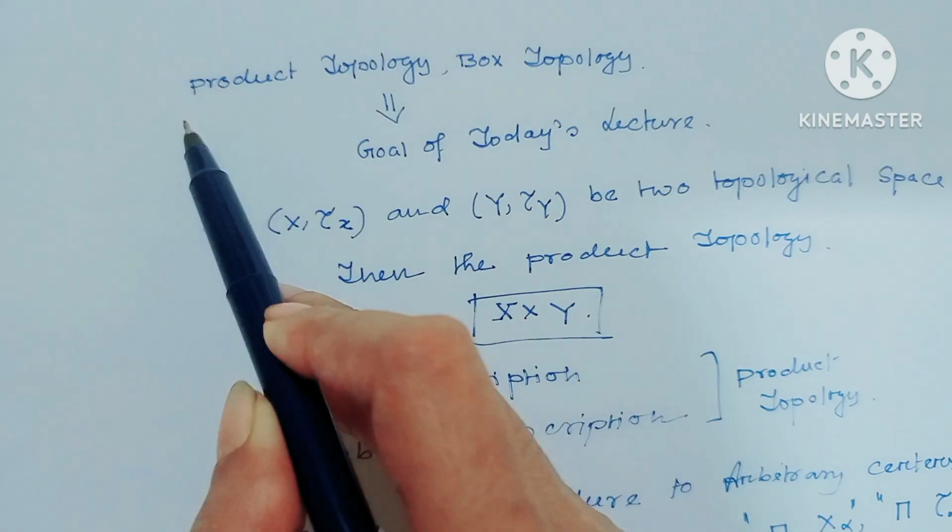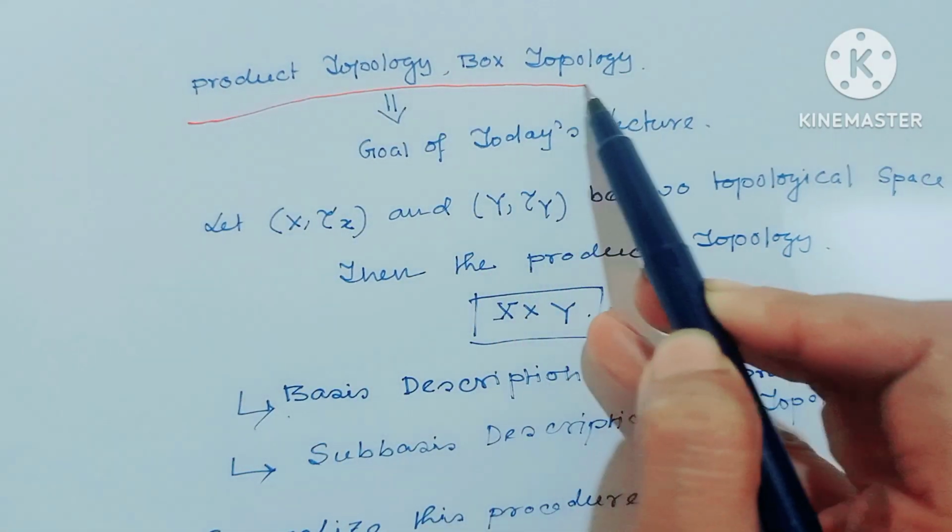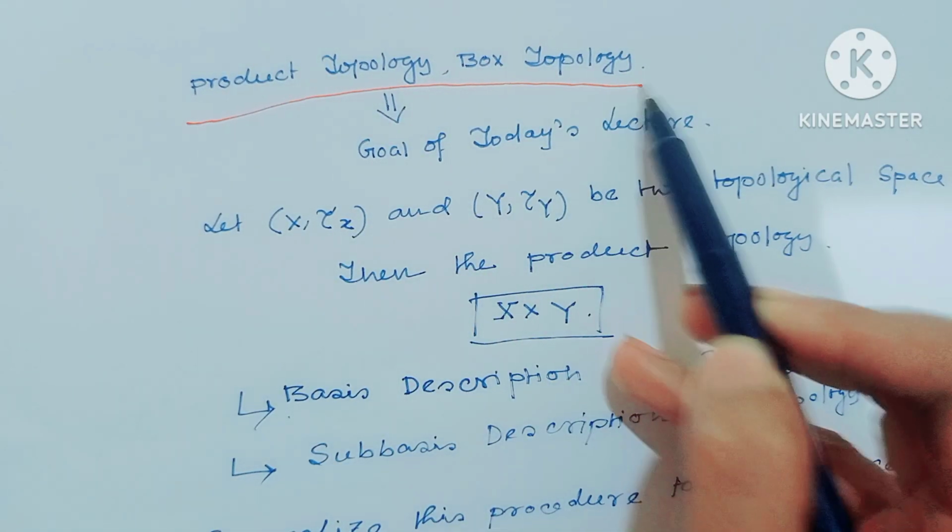That means today I will see actually the arbitrary Cartesian product. In finite case, product and box both are same. Basis, sub-basis both are same. Okay? Let's see. That means today's goal of this lecture, product topology and box topology.